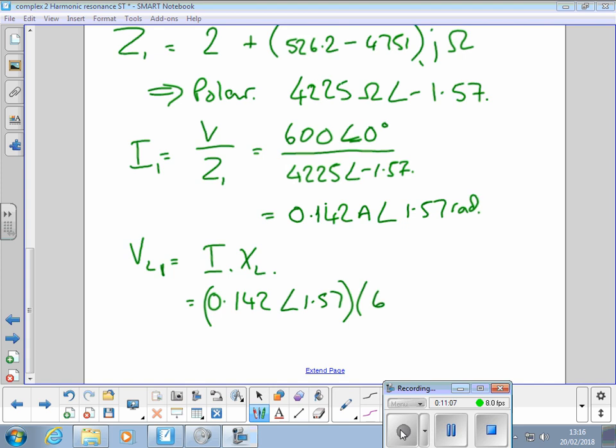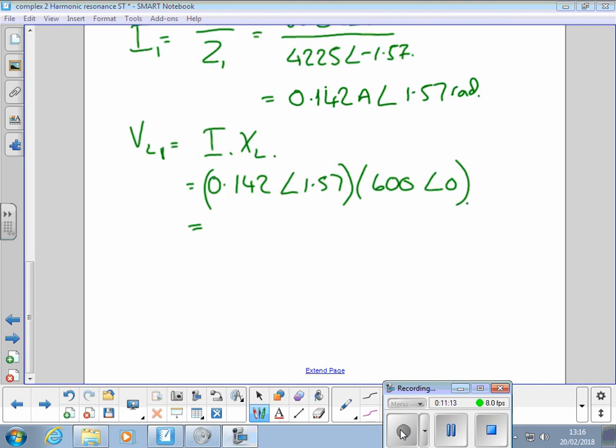Multiply that by 600, angle nothing, equals. We're not really overly interested in the angle, but no, hang on, XL, sorry.